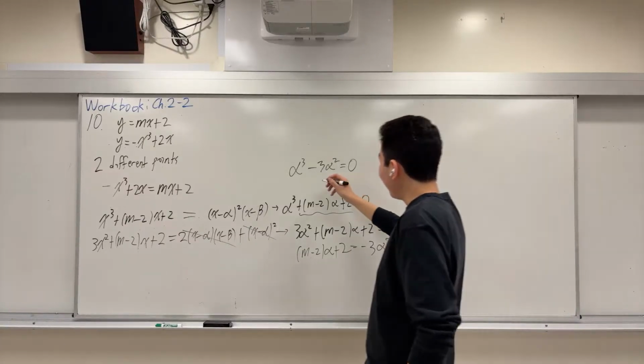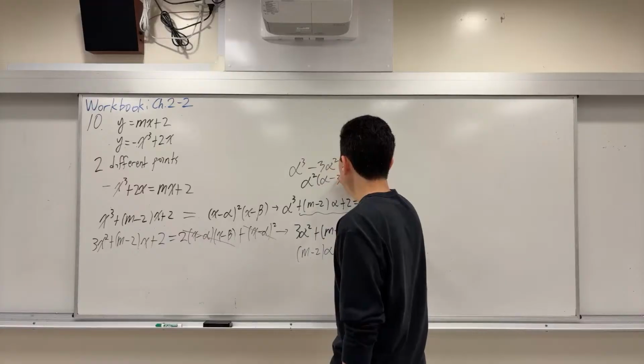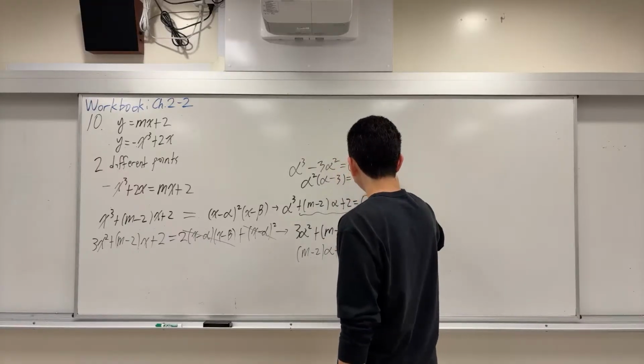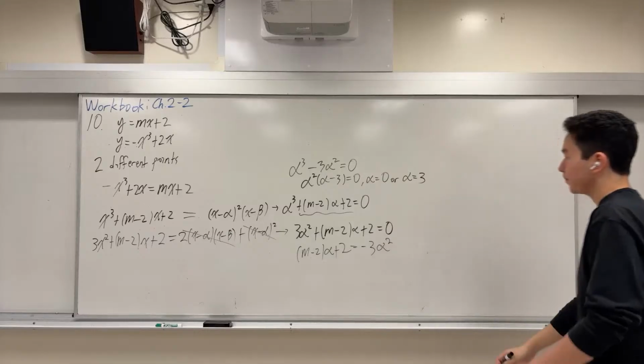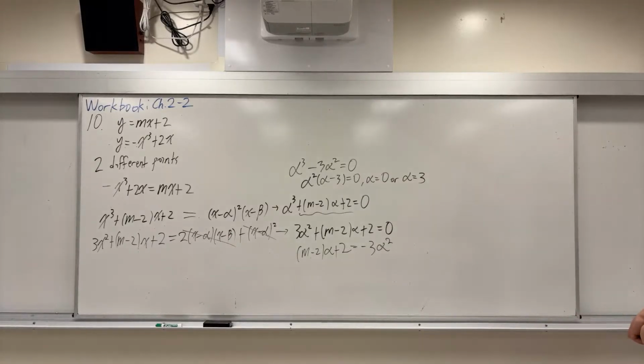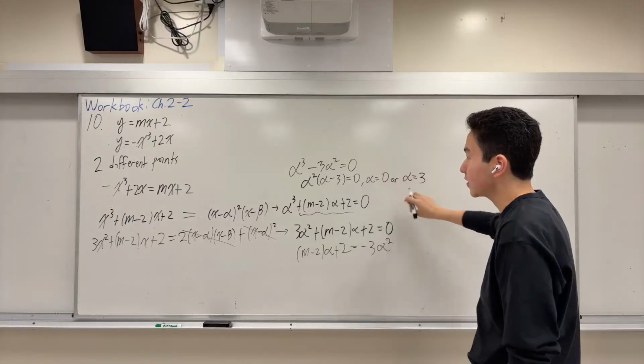And we can factor alpha squared times (alpha minus 3) equals 0. So we get alpha equals 0 or alpha equals 3. Okay, so we got some possible values for alpha. Right, cool. So now we need to determine which one is correct.